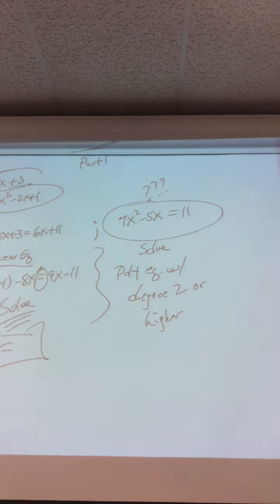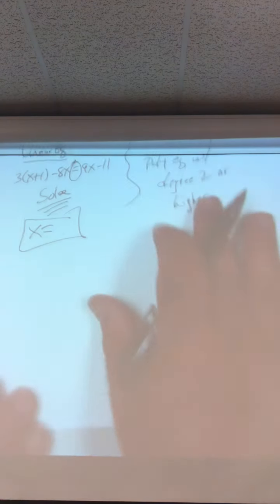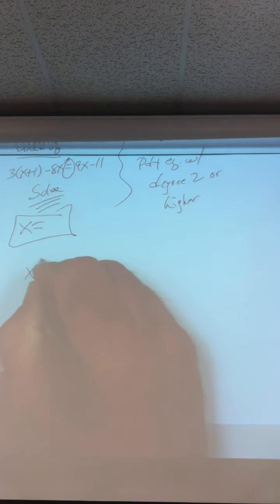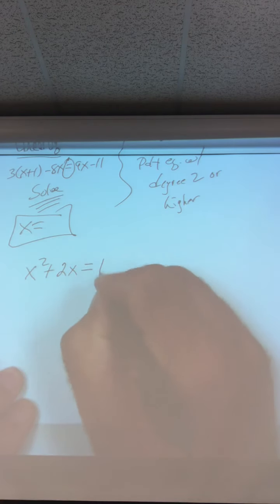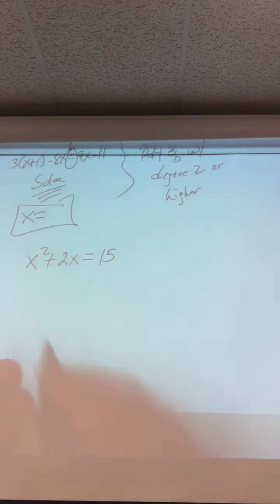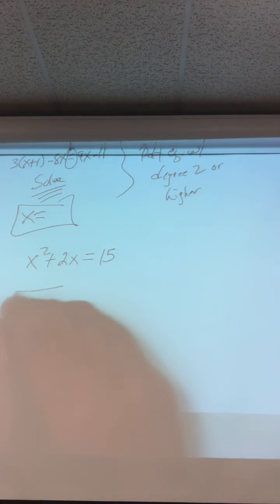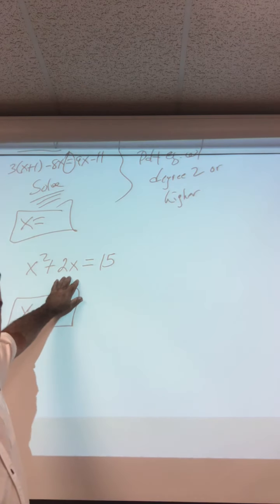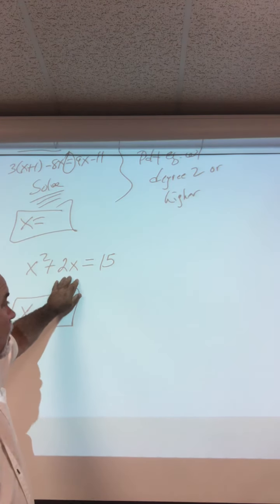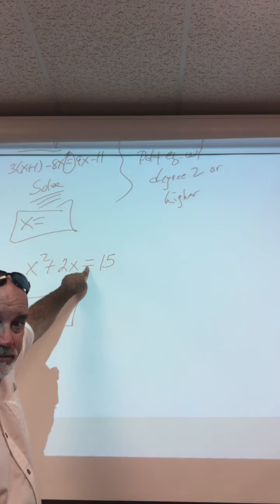Well, if I try to solve, you don't have to write any of this down, I'm still just yakking right now. If I ask you to solve this problem, and by the way, why would I say solve? Because it's an equation.